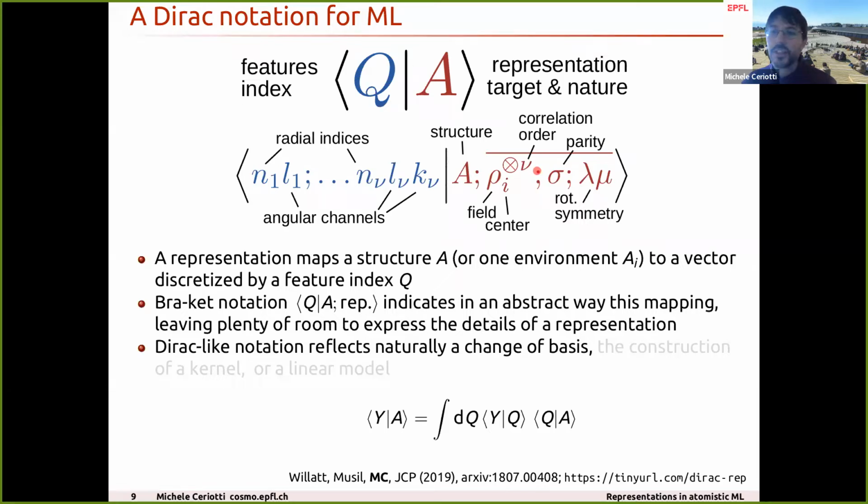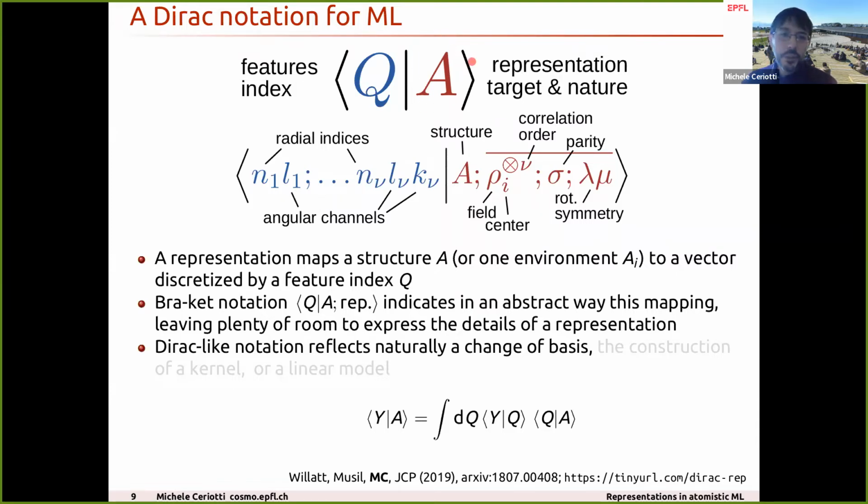So essentially, the idea is that what we are trying to do is to describe feature vectors that represent a molecule or a set of atoms. And those of you who have some familiarity with quantum mechanics might recognize the Dirac notation. Others might recognize notation that is used to describe scalar products.